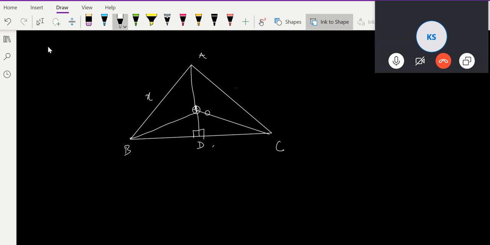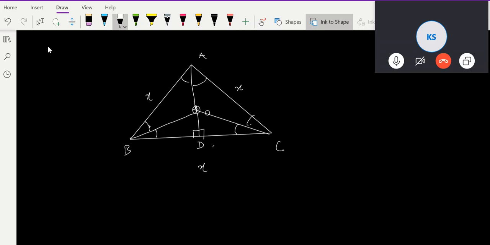So all these sides are equal, right? And the angles are equal. So each of these angles are equal, right? Each of these angles are equal, correct? Yes, sir.